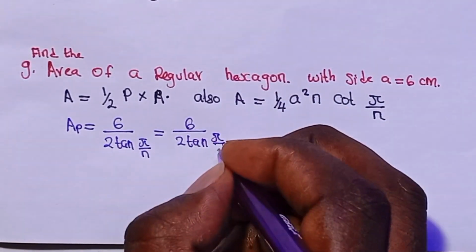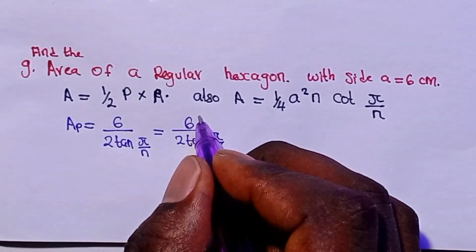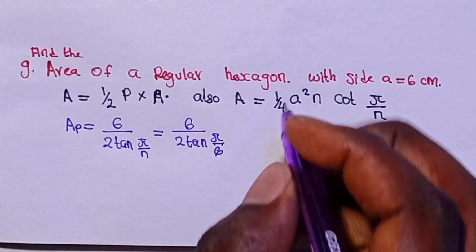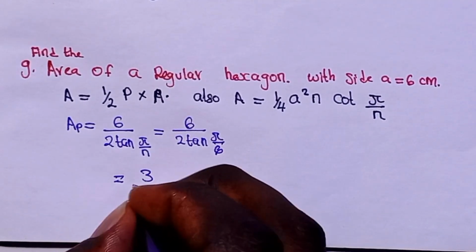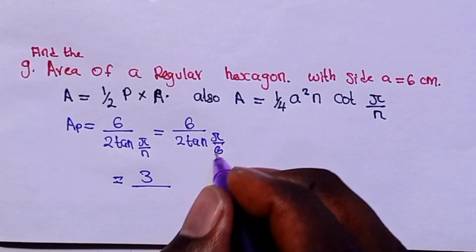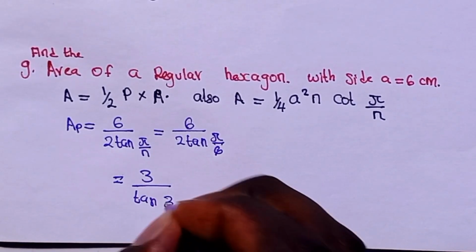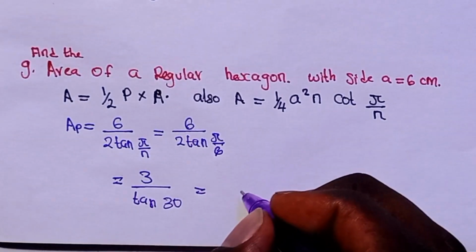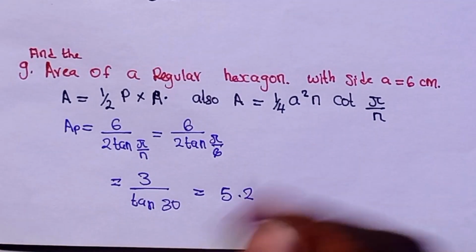So we are going to divide this by 6. This 2 divided by 2, we are going to have 3 here. This pi divided by 6 is 30. So tan 30 degrees is going to give us 5.2. So this is the apothem.